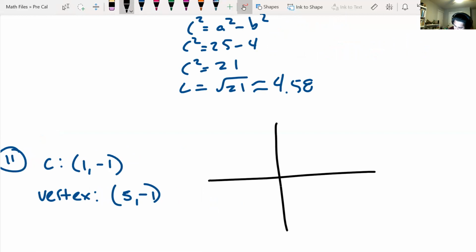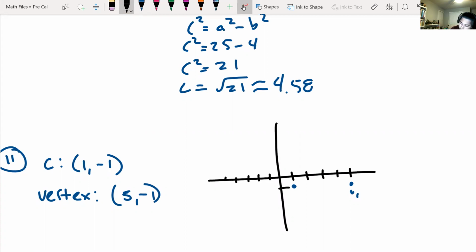So we're at 1, 2, 3, 4, 5, and then 1, and the center is at 1, -1. Vertex is at 5, -1, right? That's the first vertex, which means that's 4 spaces away, which means you could find the other vertex.